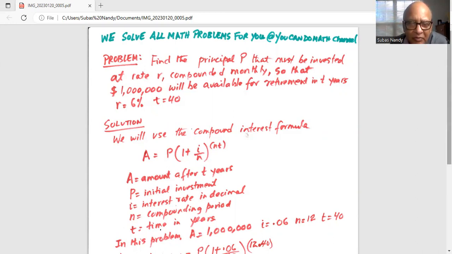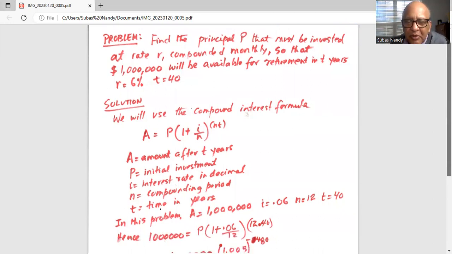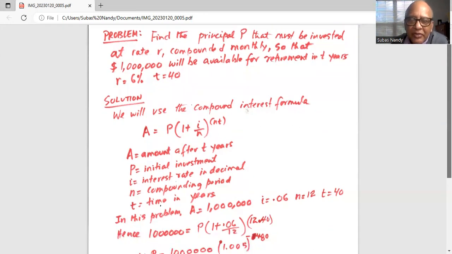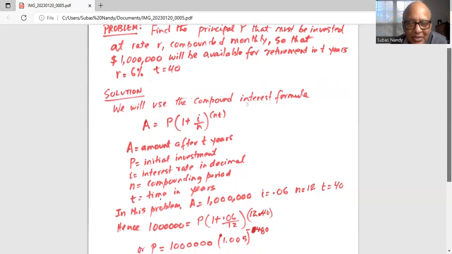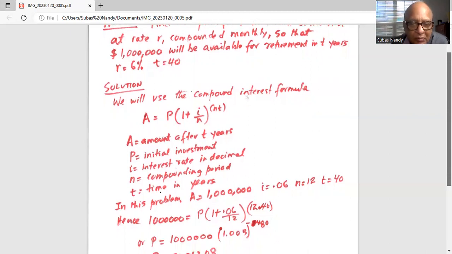Okay. So in this particular problem, the amount we have after 40 years of saving is $1 million. Our I is 0.06, N is 12, and T is 40 years. So we have $1 million equal to P, then in parentheses 1 plus the interest rate, remember in decimal, is 0.06. That has to be divided by 12 because you're compounding monthly.